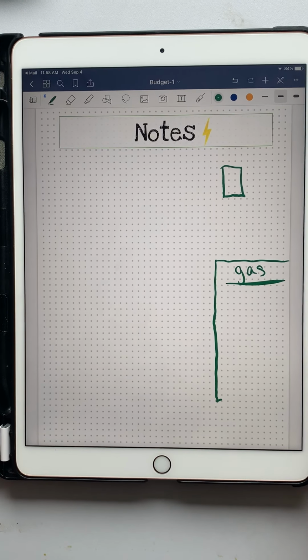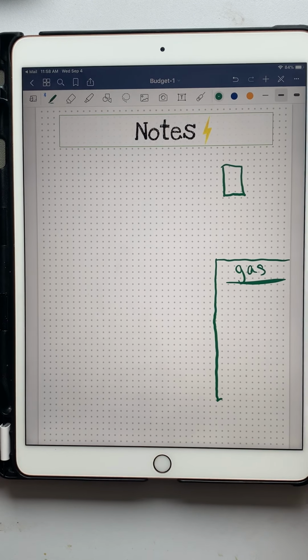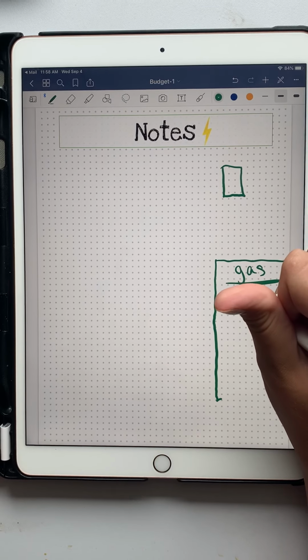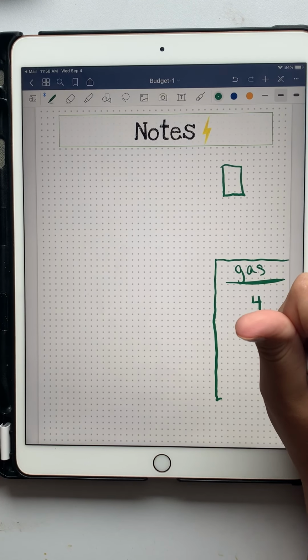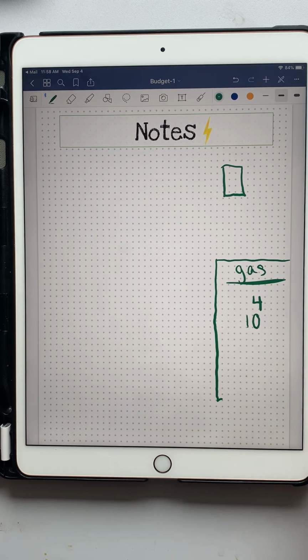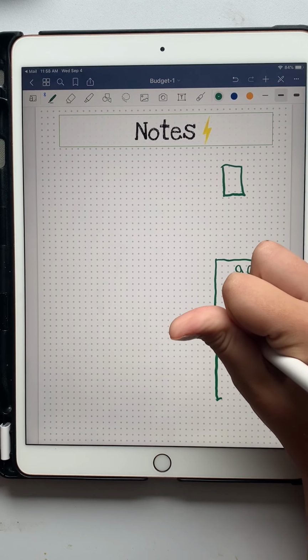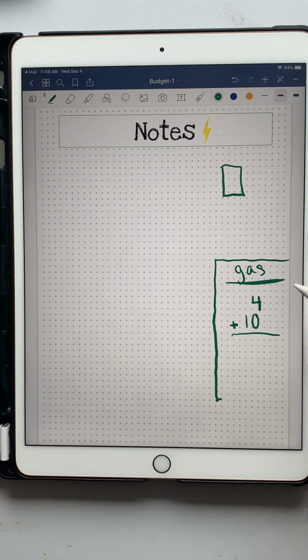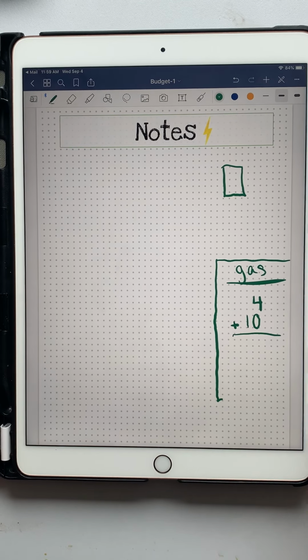So if you're doing something like long division or any kind of harder math, you can keep it in line. So like 4 and then 10. Hopefully you can do that mental math, but if you can't, that's what the dot grid's for. And see how those dots kind of help me keep them all on track.